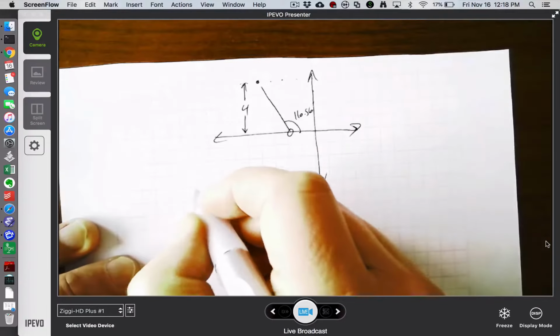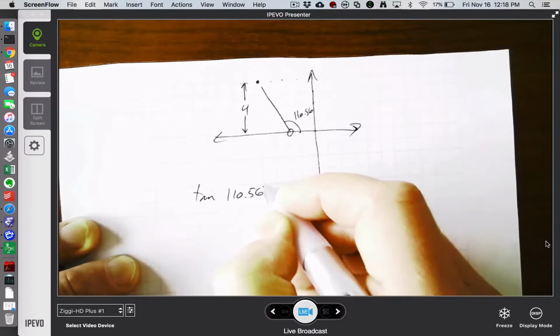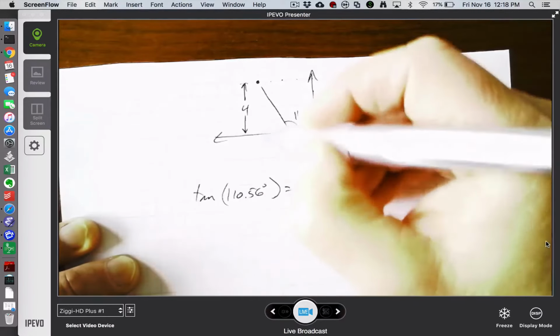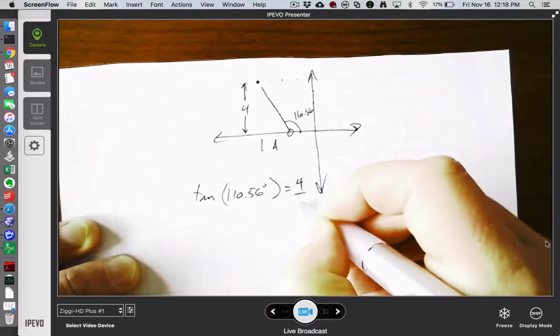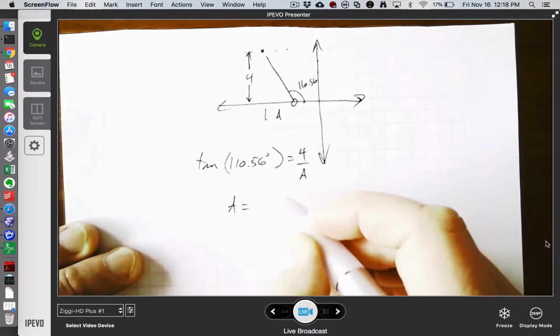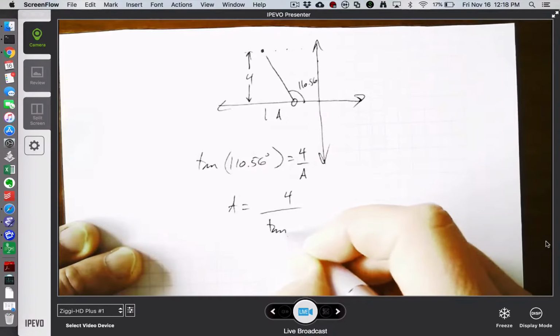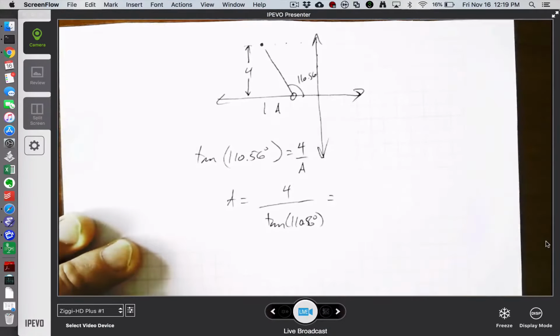So the tangent of 110.56 degrees is equal to 4 divided by my adjacent distance, or A is equal to 4 over tan of 110.56 degrees. And so it turns out that that will be a negative 1.5.